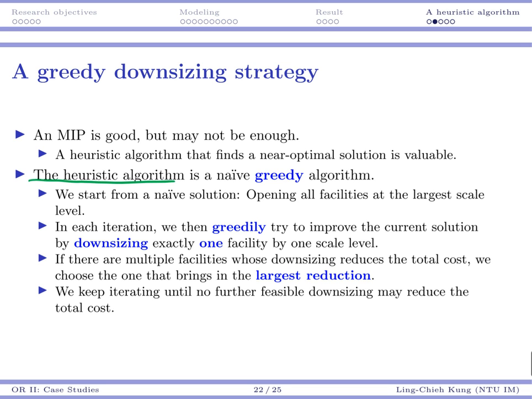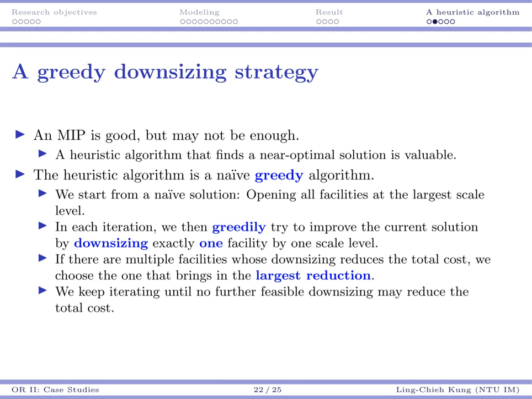So the heuristic algorithm here we want to demonstrate is a naive greedy algorithm. Greedy here means we just look at several options. We are not looking at all the options, we look at some options and pick the one that is the best. And with that, we then move further to consider another set of good solutions, and then we choose the best one, and so on.